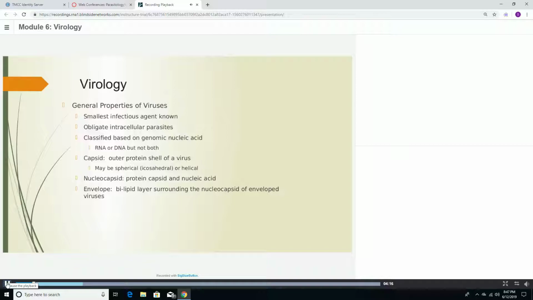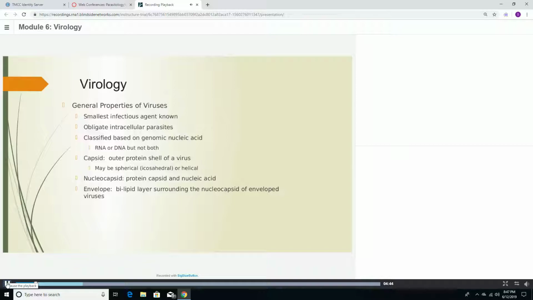To break this down a little so it's more understandable, viruses are simply made up of nucleic acid. A virus is either an RNA strand or a DNA strand, and it can be linear, circular, single-stranded or double-stranded.